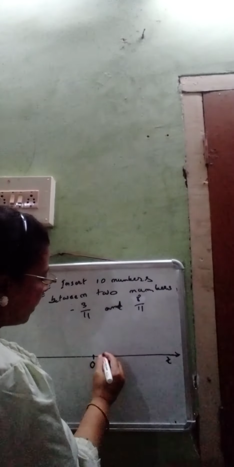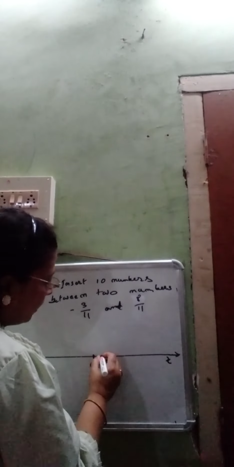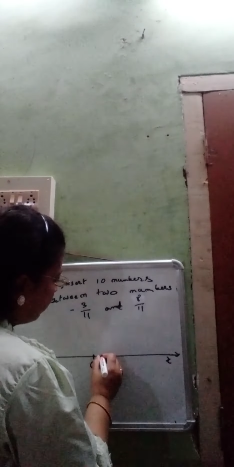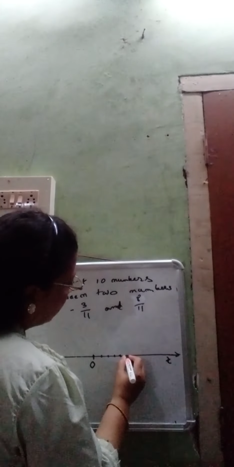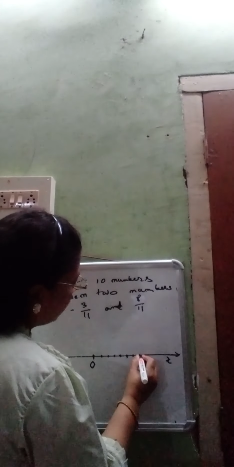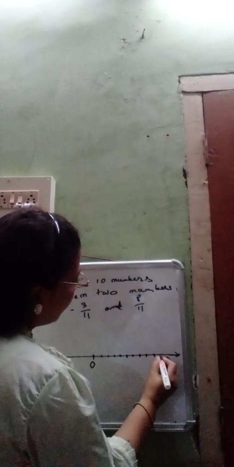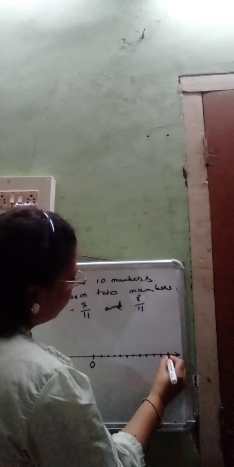Now since the denominator is 11, let's equally divide this positive side into 11 equal points: 1, 2, 3, 4, 5, 6, 7, 8, 9, 10, 11.